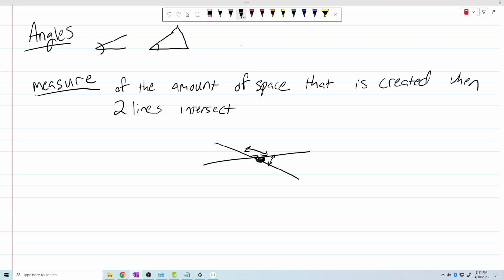That's the word that we humans have chosen to denote the measure of that space. Now the measurement is what you may be a little bit more familiar with, and that is simply degrees. Degrees, the number value of that space.